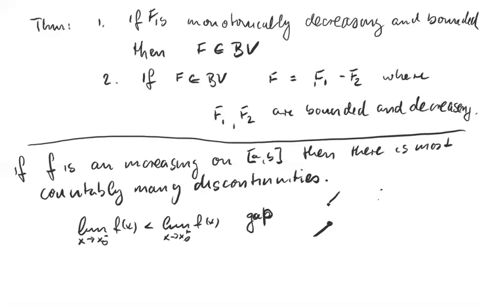So it's increasing or decreasing, right? Yeah. Well, that tells you that if f is of bounded variation, it can still only have countably many discontinuities.